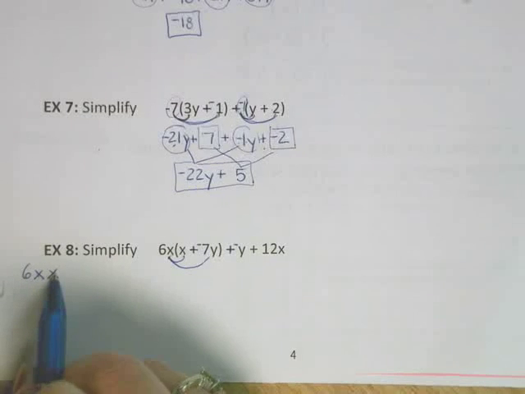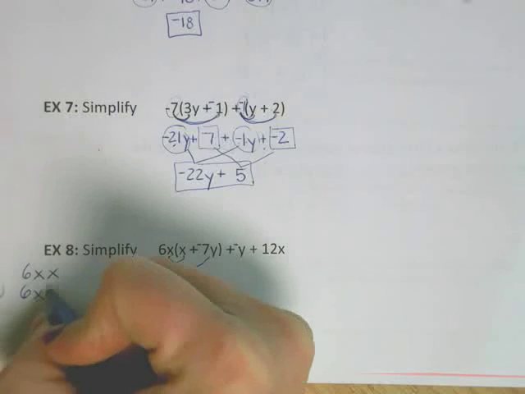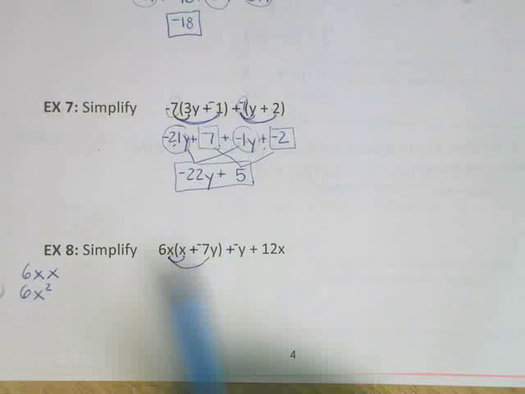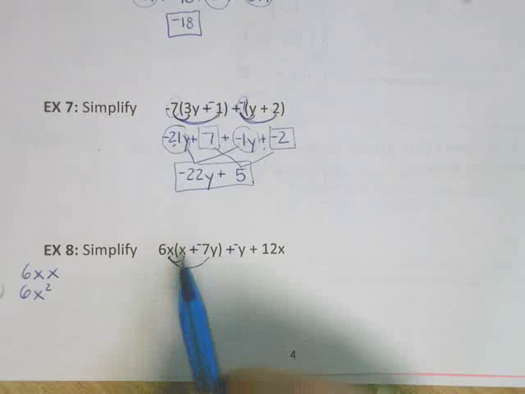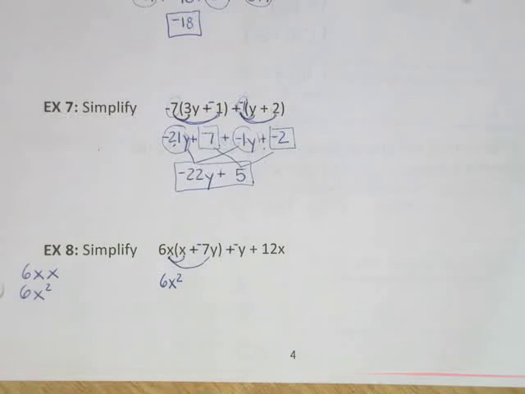The simplified way to write x times x is just x squared. So x times x would become x squared. A number times itself is squared. So whenever we have a variable times another variable that's the same one, 6x times x, that becomes 6x squared. And that is a tricky part to get used to, so we'll do more practice with it.